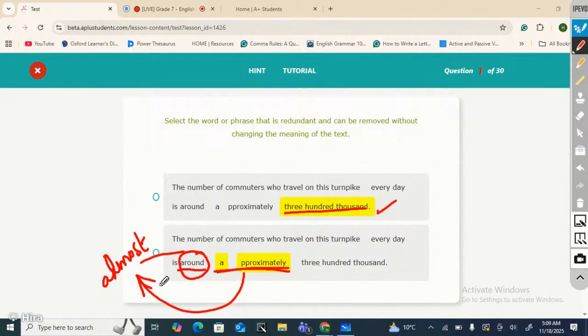So the word approximately is redundant. It's used later in the sentence. Around is used first, then approximately. So the second word, which is redundant, must be removed. Approximately is redundant because around and approximately imply almost the same thing.